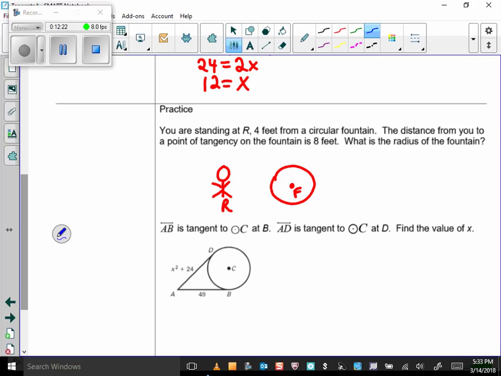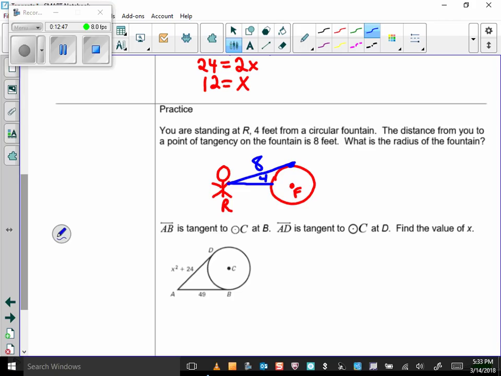So I'm going to put the point of tangency about right here, and that'll be 8. The distance from me to the fountain is 4 feet.